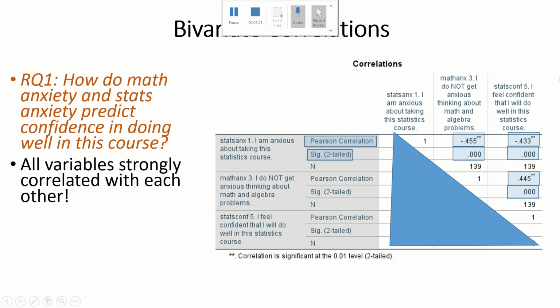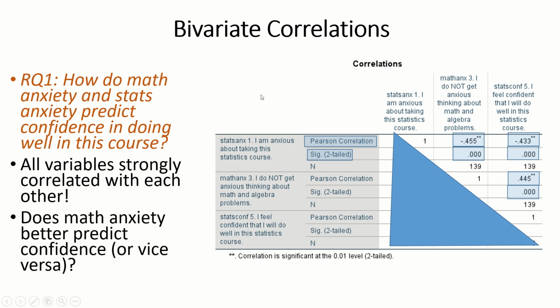We want to know how stats anxiety and math anxiety predict confidence. What's the unique contribution of stats anxiety? What's the unique contribution of math anxiety in predicting confidence here? Does math anxiety better predict confidence or vice versa?